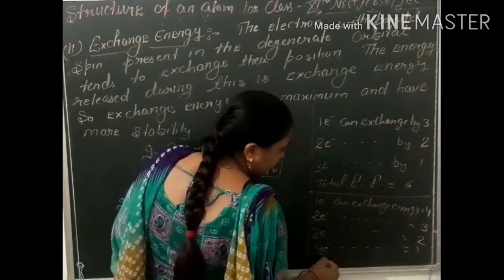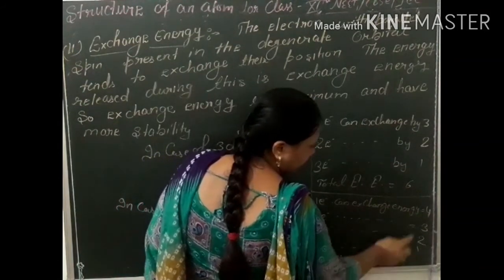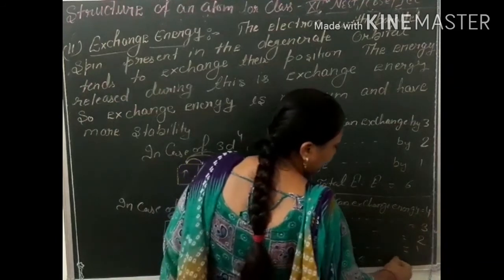Now here the total exchange energy is 4 plus 3 is 7, 7 plus 2 is 9, plus 1 is 10.